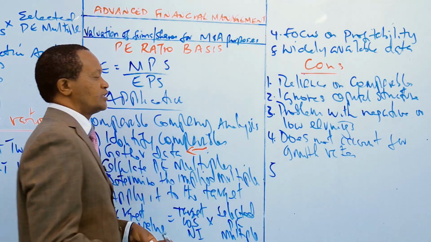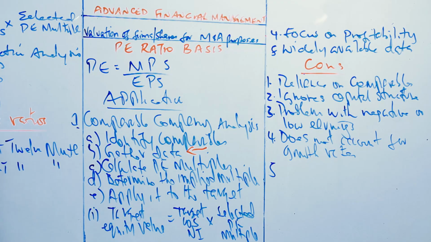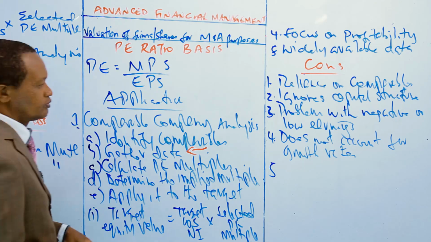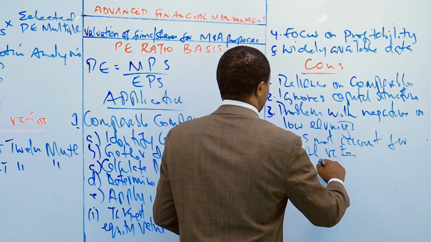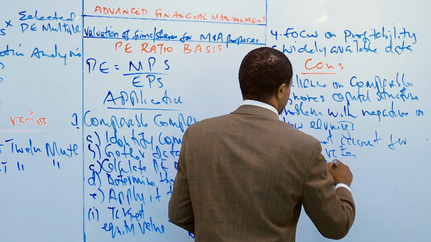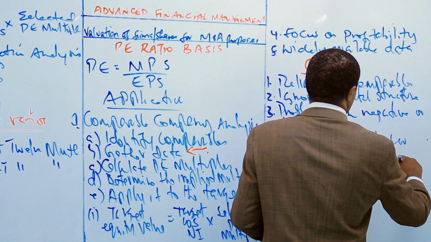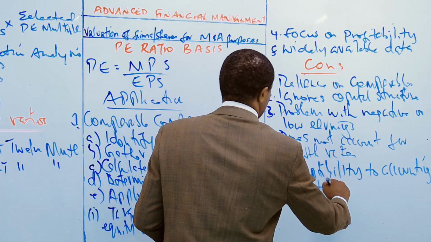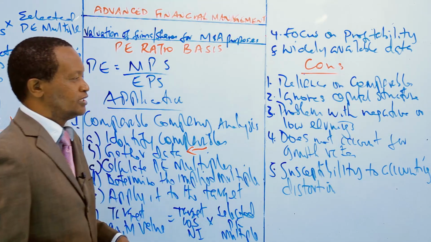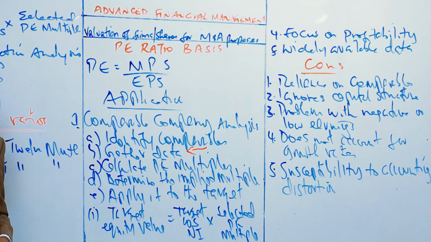Moving on to the fifth disadvantage: susceptibility to accounting distortion.